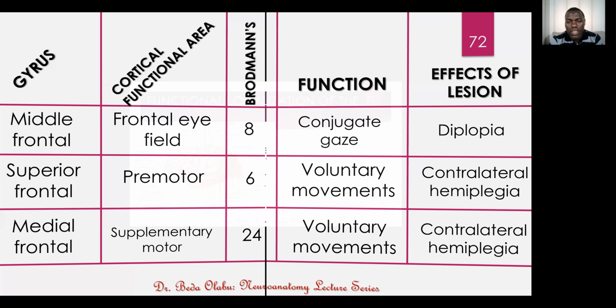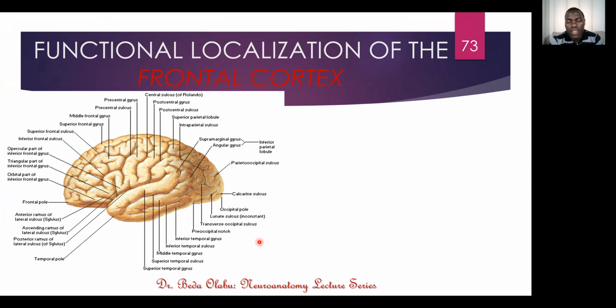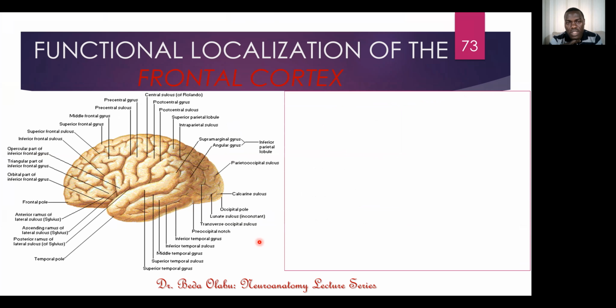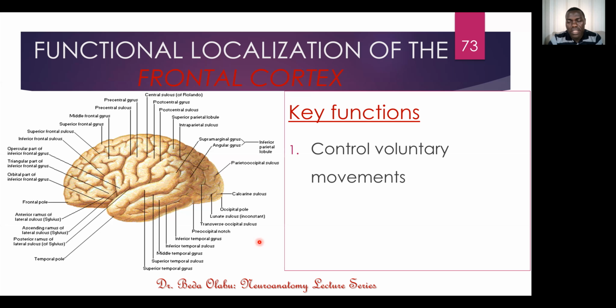All right, so we can make a summary of the key functions of the frontal cortex. One of the key functions of the frontal cortex is to control voluntary movement. We've seen that. And there are many regions of the frontal cortex that actually do control voluntary movements. The Precentral Gyrus, which is primary motor cortex.